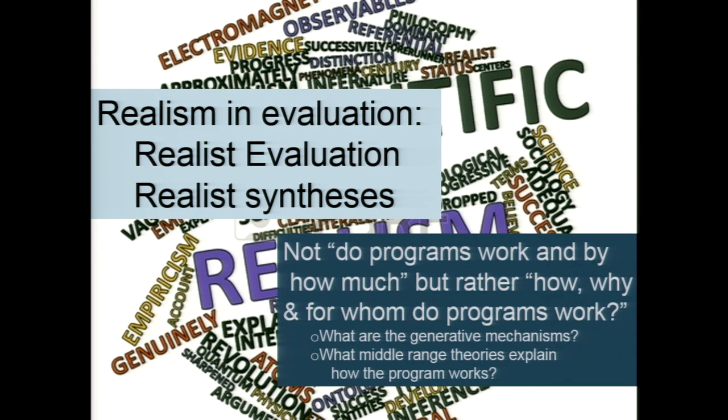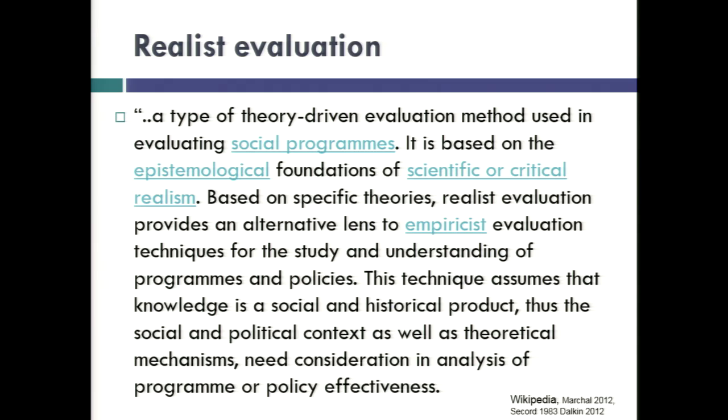So we deal with generative mechanisms, mechanisms that emerge from processes, and then also theories, middle-range theories to explain. So what is a realist evaluation? It's a type of theory-driven evaluation used in evaluating social and more increasingly health programs based on the epistemology of scientific realism.